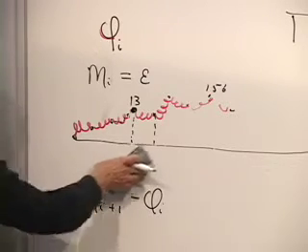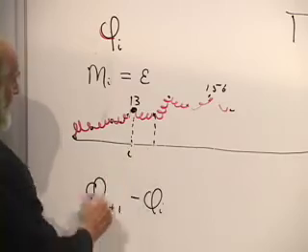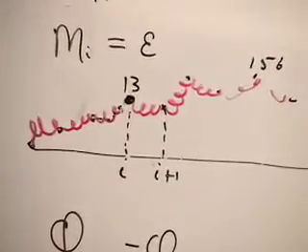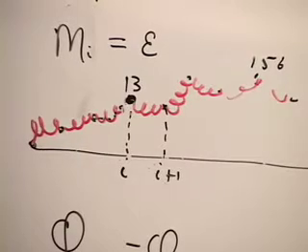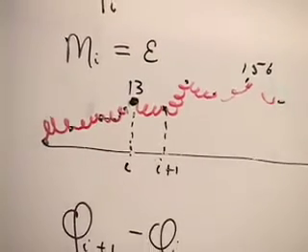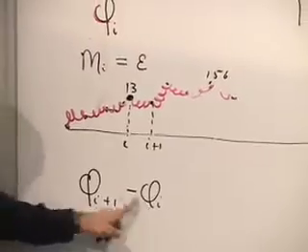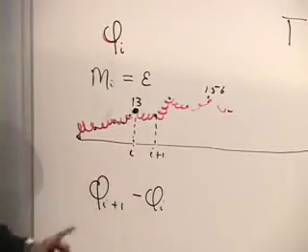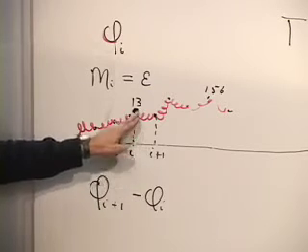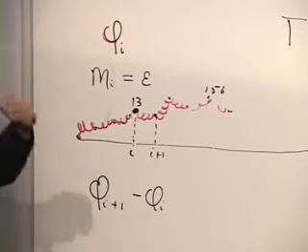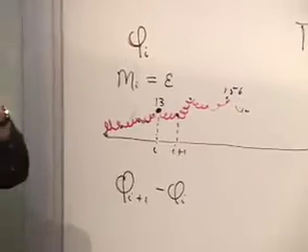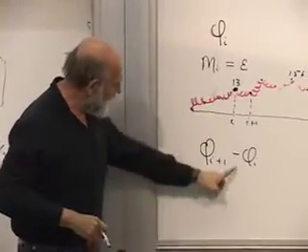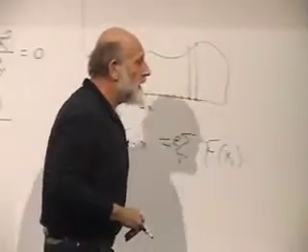So for example, this might be the ith particle, this might be the I plus first. I plus 1 could be 7, I could be 6. If I and I plus 1 are at the same height, that spring is not stretched. It's when they're pulled apart that it's stretched.